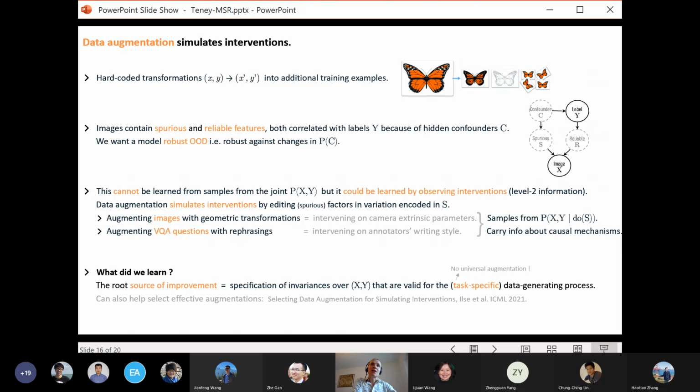So this means that it has to be task specific. There's no hope of finding a universal data augmentation because it has to be tailored to the data generating process of the task. So you have to bring some information about the task here. It's something that we probably had an intuition for, but I think the causal perspective allows us to formalize this more precisely.